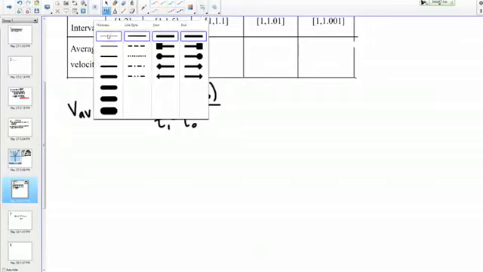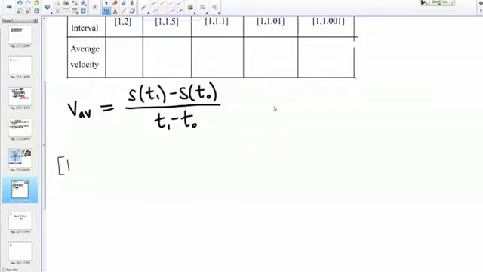To speed things up a little, I've gone ahead and calculated most of the function values for us. If you had to calculate those on your own, of course, you would just plug them into the function s. So let's start with the interval 1, 2. This is from time equals 1 second to time equals 2 seconds, and let's calculate the average velocity over that interval.